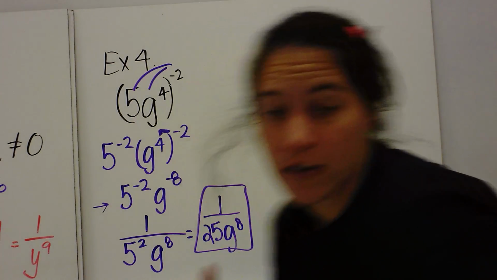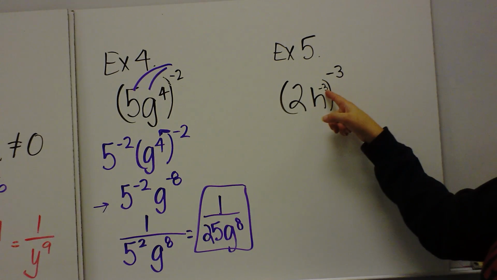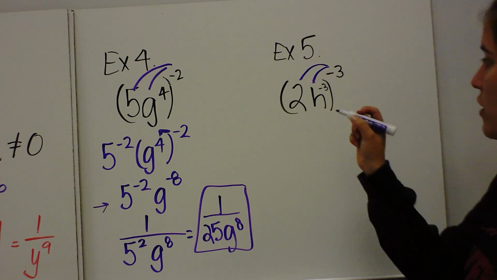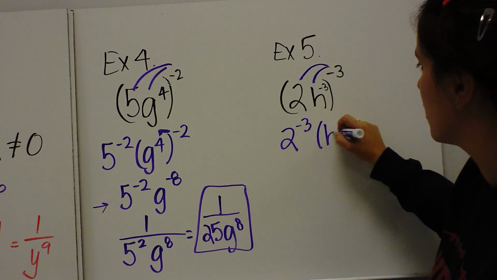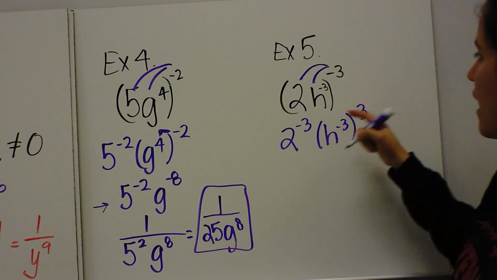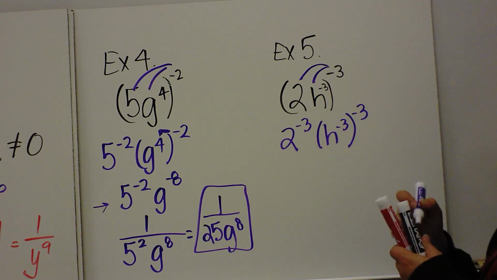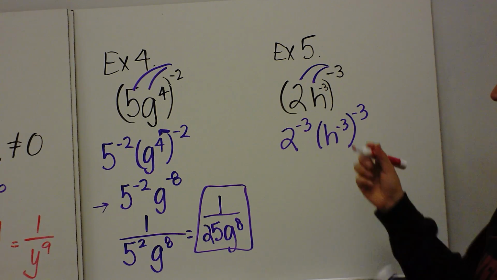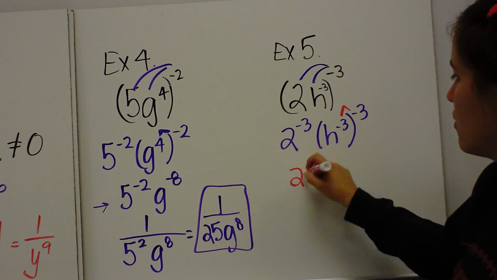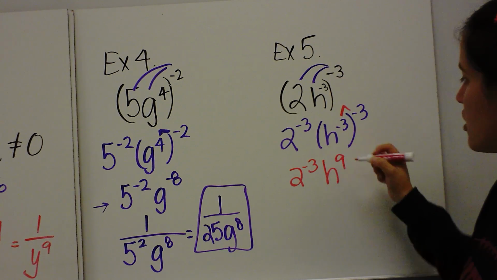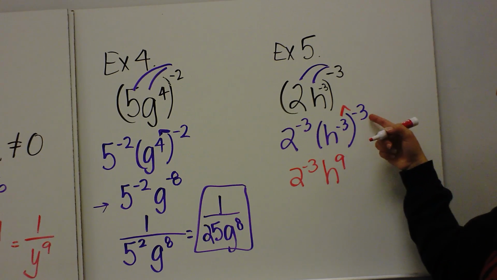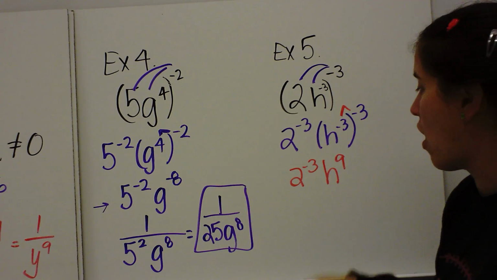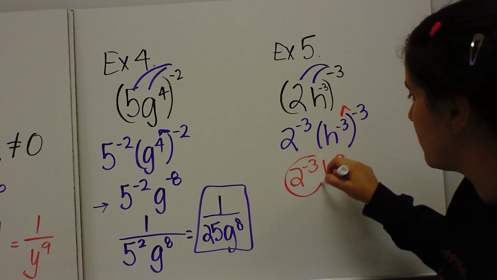So let's do this example together. 2h to the negative third power raised to the negative third. So I'm going to distribute it. I get 2 to the negative third, and then h to the negative third raised to the negative third. So this is a power to a power. Let me multiply these, and I get 2 to the negative third, and then h to the ninth, because negative 3 times negative 3 gives me a positive 9. So now, I only have one negative exponent.